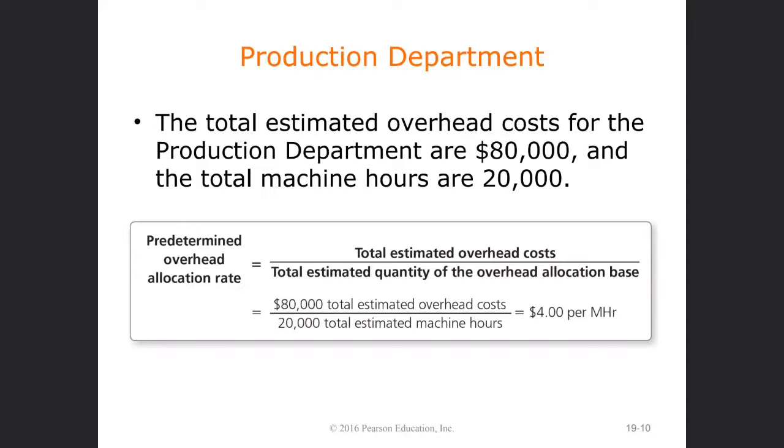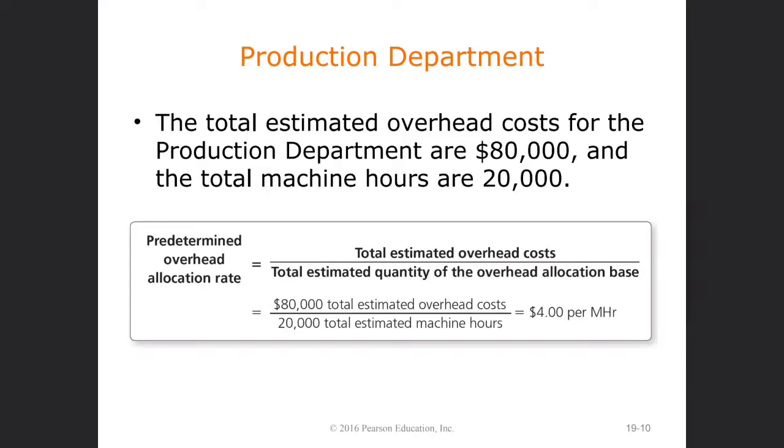The total estimated overhead costs for the production department are $80,000, and their total machine hours are 20,000. So to find the predetermined overhead allocation rate, they're going to take their total estimated overhead cost of $80,000 divided by the total estimated quantity of the overhead allocation base.